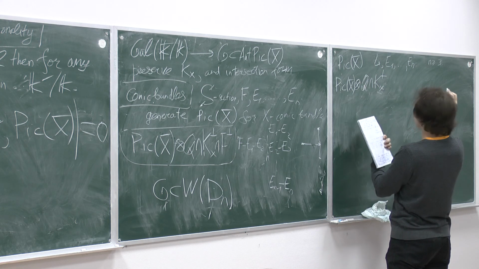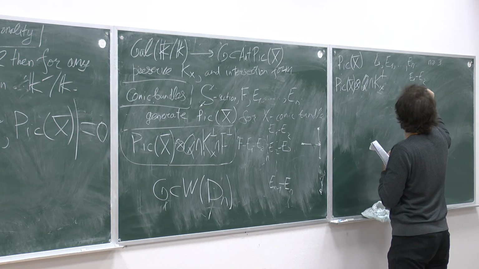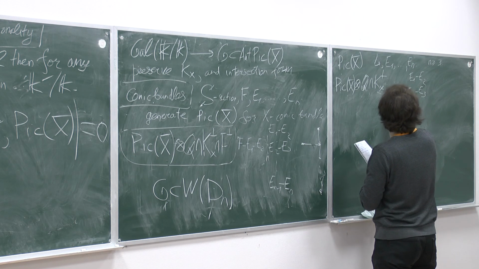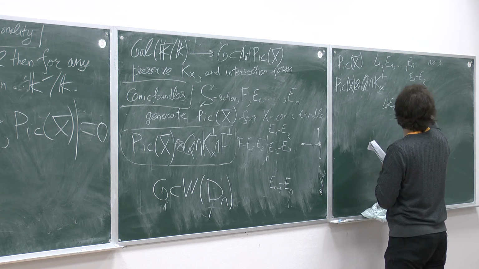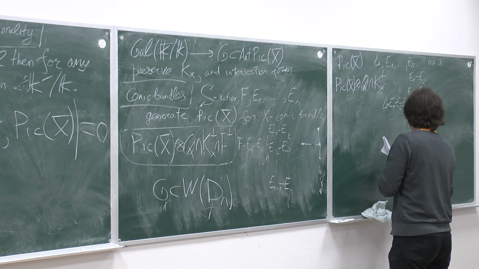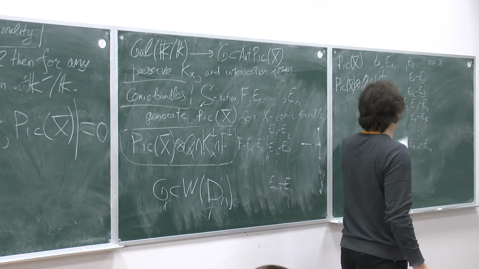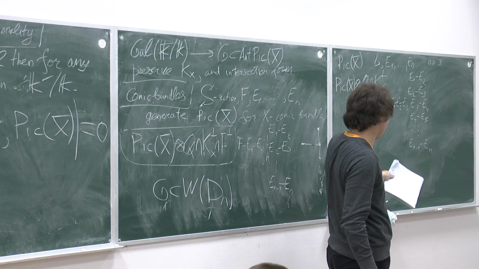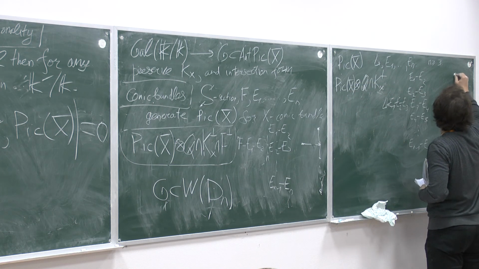What do we have? We have E1 minus E2, E2 minus E3. Here we have L minus E1 minus E2 minus E3. And then, for n greater than 3, E3 minus E4, E4 minus E5, until E n minus 1 minus En. The square of each of these elements in the basis is minus 2, and the intersection looks like the following.